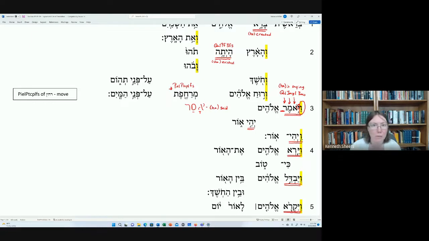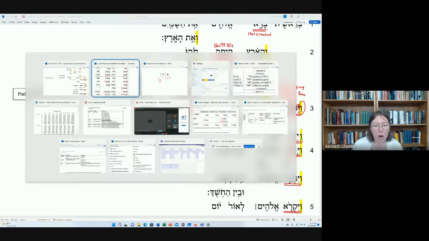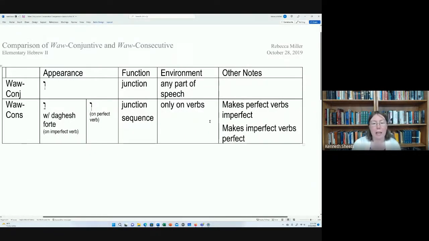We know it's a Dagesh forte because it's not occurring in one of the Begadkefat letters. This right here, that wow with the patach followed by a Dagesh forte, is one of the Hebrew conjunctions. There are two different Hebrew conjunctions that involve a wow. And so this is what we have then, taking a look at this particular sheet.